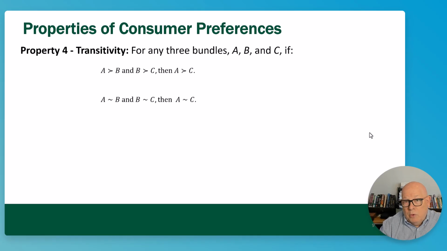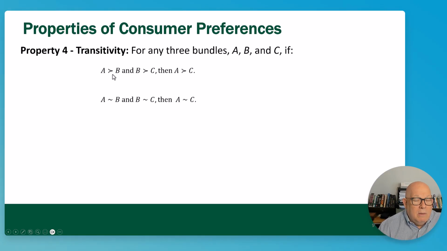We also assume, and this really gets to rationality, that let's say we have 3 bundles, A, B, and C, and the consumer prefers A to B and prefers B to C. Then logically, A should be preferred to C. So that's transitivity.